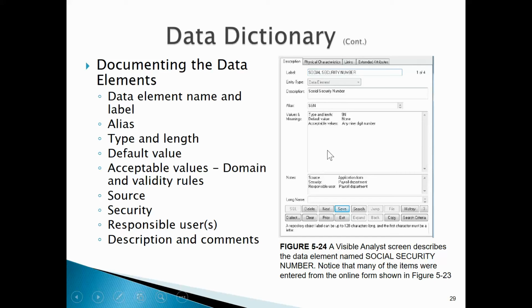Sometimes the default values are filled in based on previous entries into a database. Okay, so if we're talking about a flight that originates out of Redmond, we might autofill the airport as RDM, for example. Okay, so source, security, responsible users, description and comments. Again, you have clear and concise descriptions.